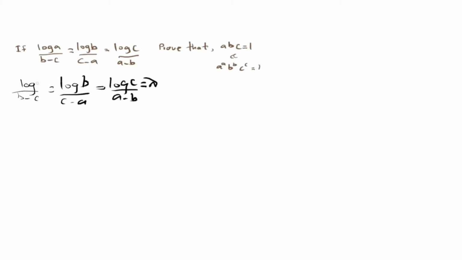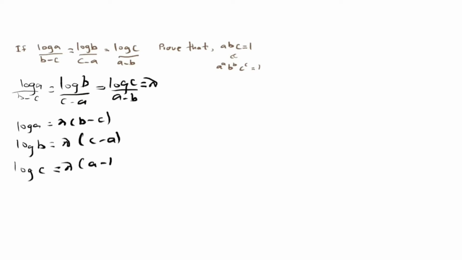Then from this I can write log a equals lambda times b minus c, log b equals lambda times c minus a, log c equals lambda times a minus b.